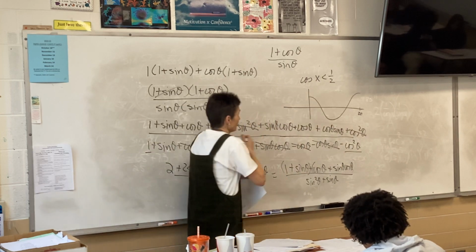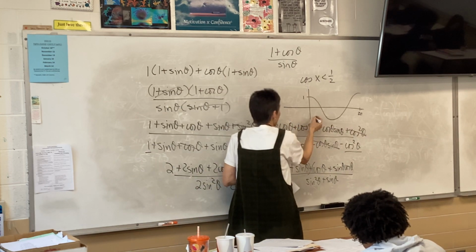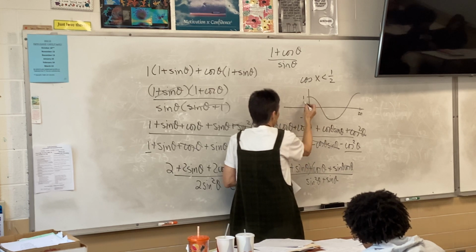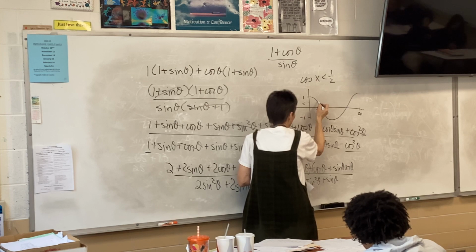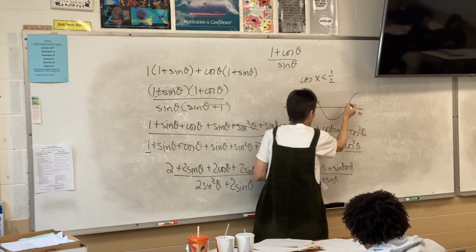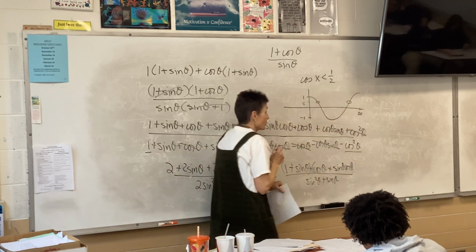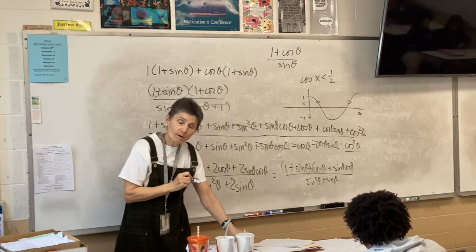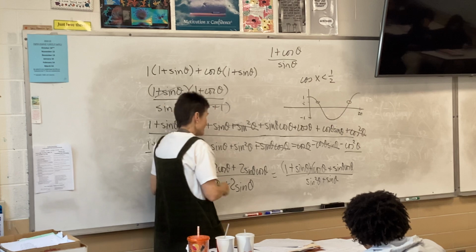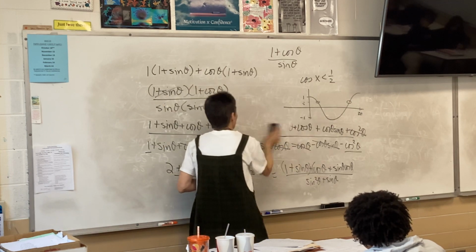That's my cosine curve. And somewhere, there's a half. Somewhere on this cosine curve, like right there and right there, the cosine is a half. So I need to figure out where that is. Where is the cosine a half?